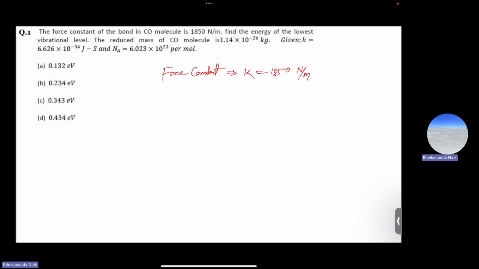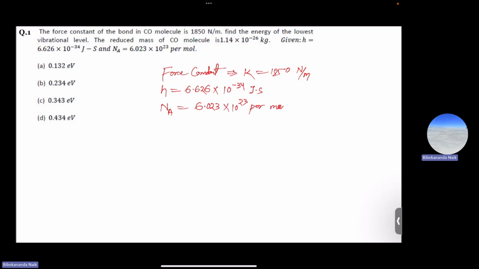The value of Planck's constant is given, h equals 6.626 into 10 to the power minus 34 joule second. Avogadro's number is also given, because you will be needing it in the calculation: 6.02 into 10 to the power 23 atoms per mole.